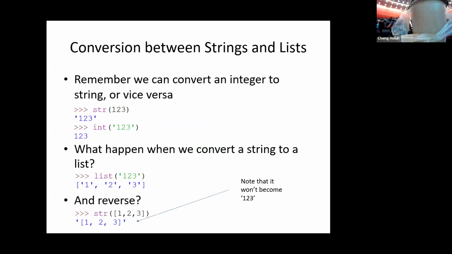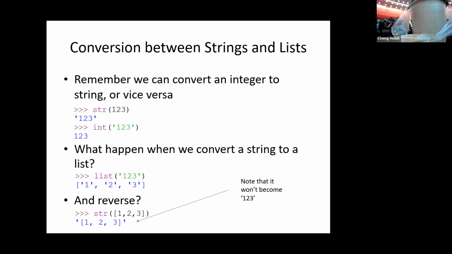You can convert a list to other types, right? But usually you cannot convert a list to an integer, because a list is a list. But you can convert from a string to a list. The precaution is that if you have a string of 1, 2, 3, it will convert into a list of character 1, character 2, and character 3.